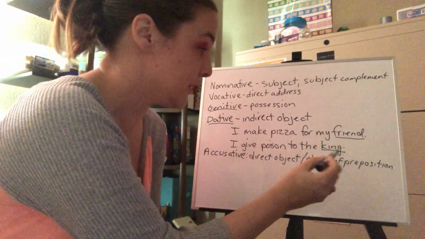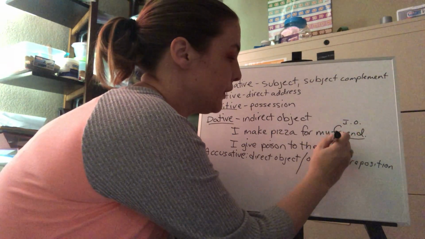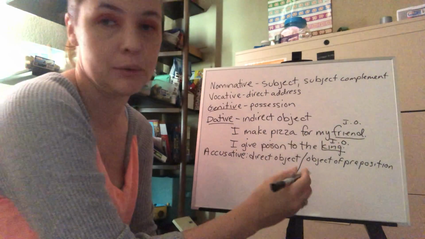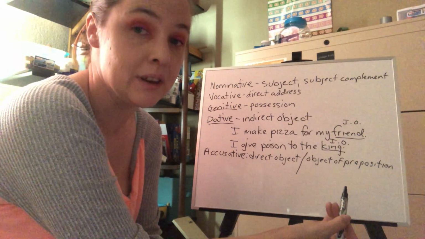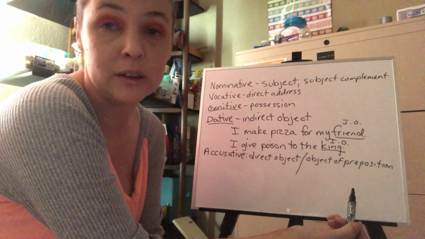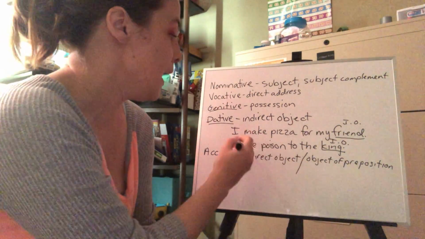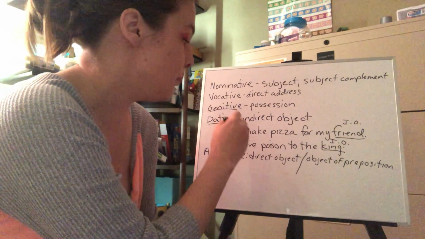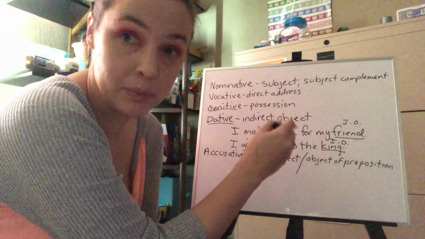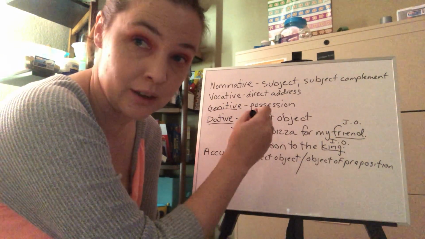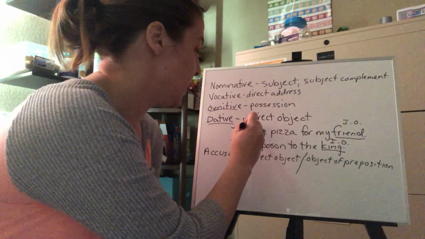We know that the indirect object, I'm going to call it the I-O, was over here. Okay, we know that. Now let's talk about where the direct object is. The direct object is the thing being verbed, basically. Okay, so you have to ask yourself the question, I make pizza for my friend. Make is our verb. What am I making? I'm making pizza. Pizza is my direct object. It is the thing that I am verbing, okay? Make is my verb.